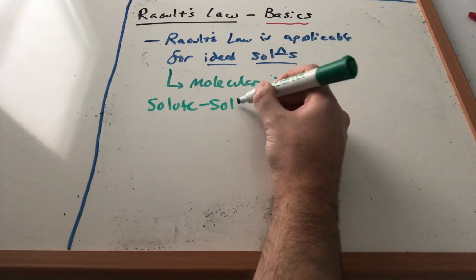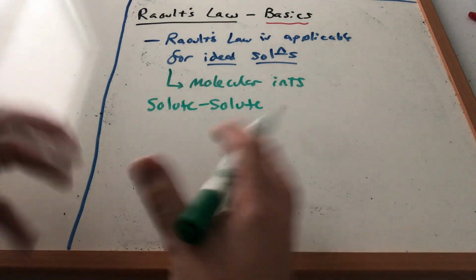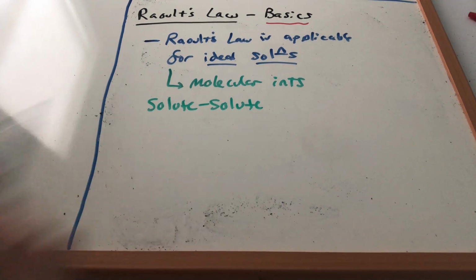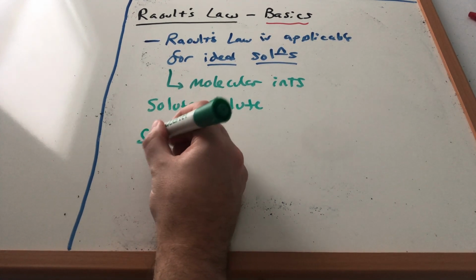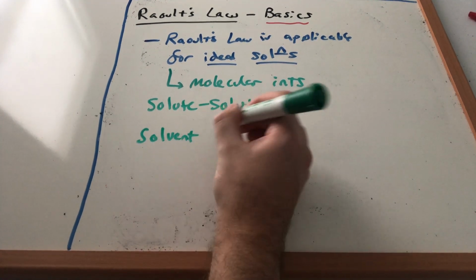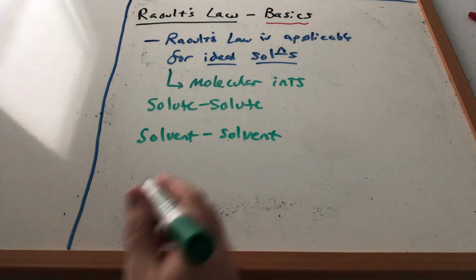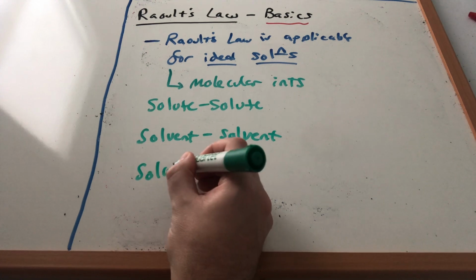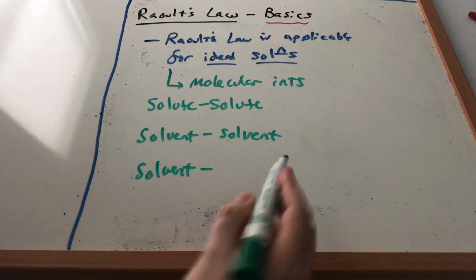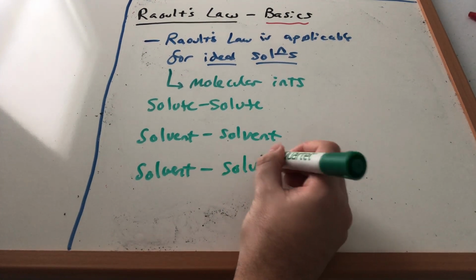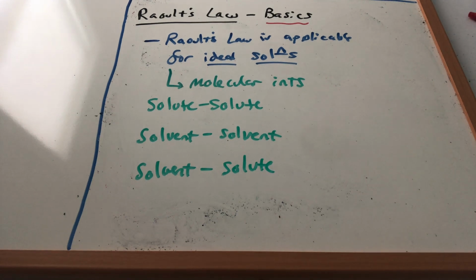There are three different interactions that occur when you make the mixture. The solute particles can interact with other solute particles. The solvent particles can interact with other solvent particles. And then there's the mixture interaction where a solvent particle could bump into a solute particle and interact with it.